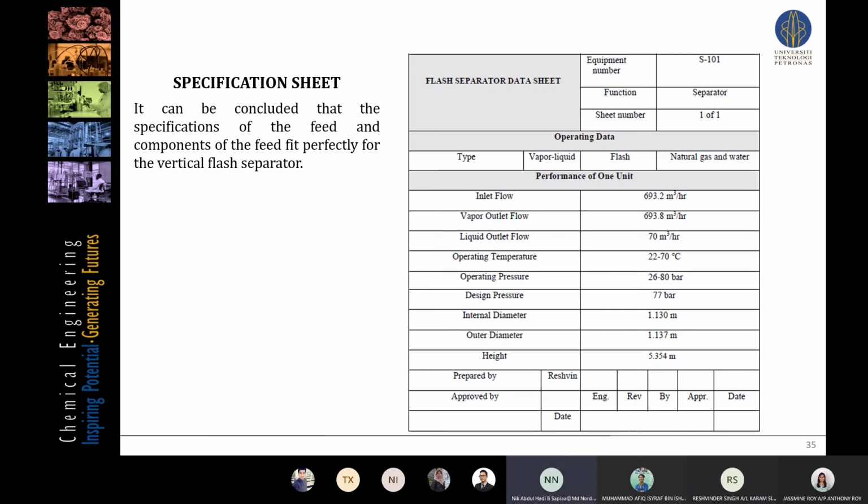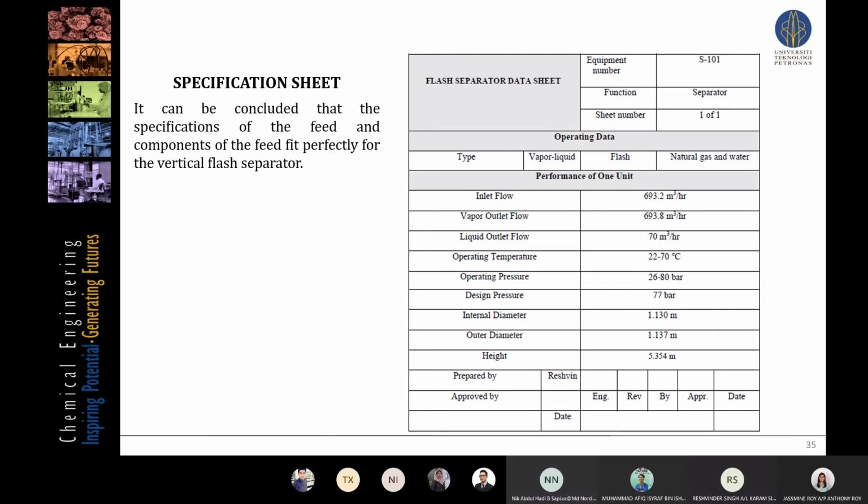Let me get back to this slide. So design pressure is 2630 bar. Why is the liquid outlet flow 70 meter cube per hour? On the specification sheet, your liquid outlet flow is 70 meter cube per hour.